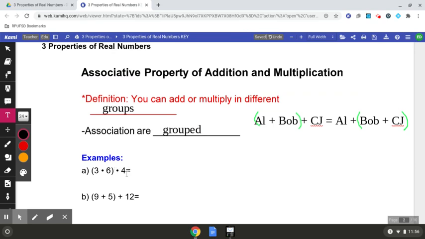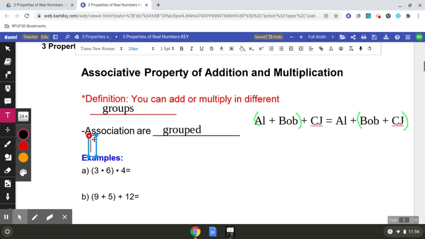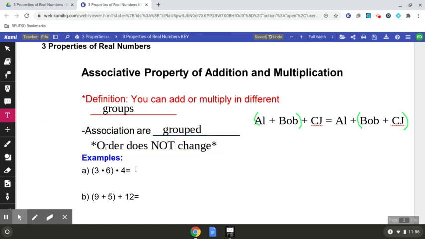When we look at this example, one of the big things to remember with association is that order does not change. That's important because in the commutative property, order changes. In the associative property, my order stays the same.